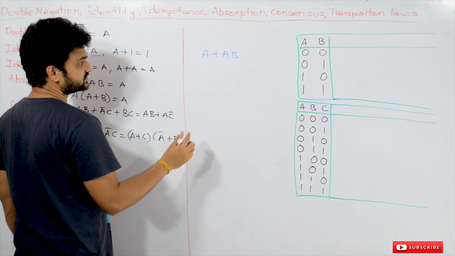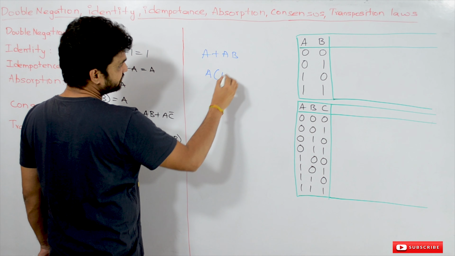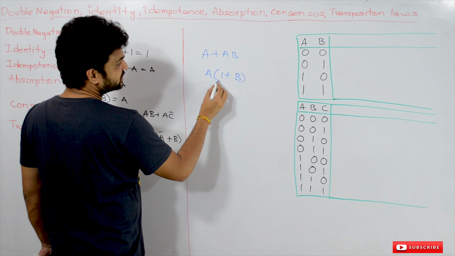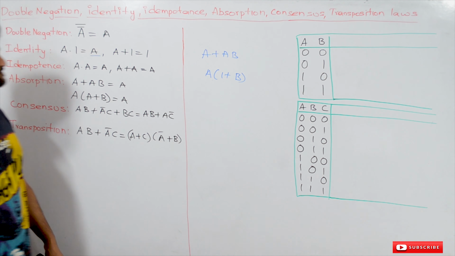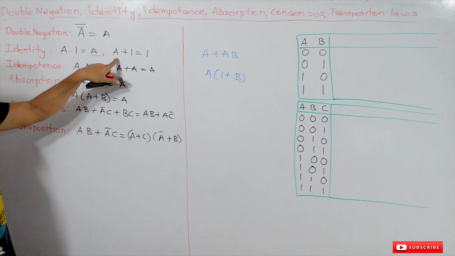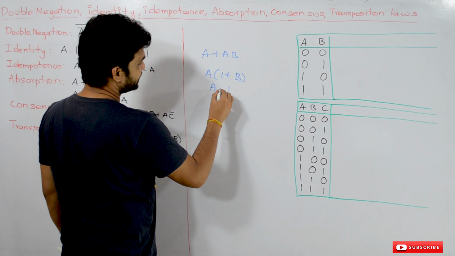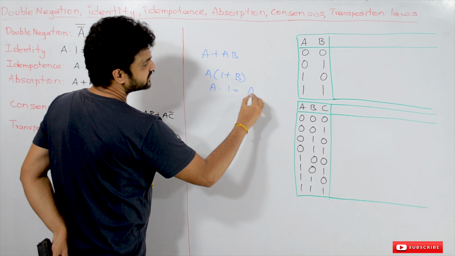That is what we call the absorption law. For example, if you take a common, it becomes a dot (1 plus b). What is 1 plus b? 1 plus any variable is going to be 1. So it is a dot 1, and a dot 1 is equal to a.